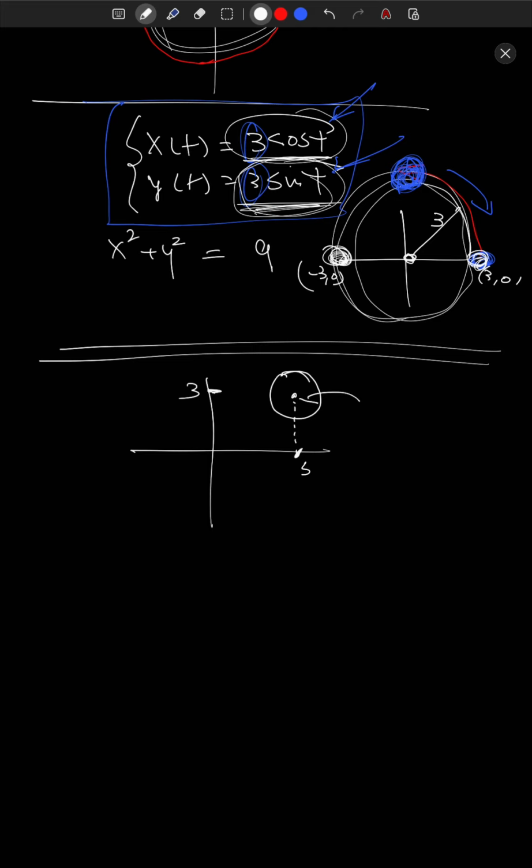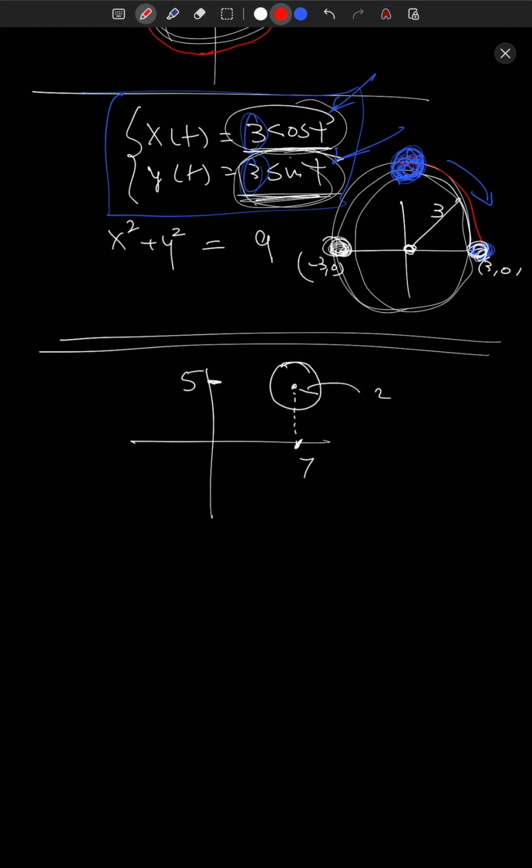Let me make this a 5 here, just so my picture is kind of consistent. So 7 here, 5 here, and radius 2. Otherwise, it would touch the x-axis, but the picture I drew wasn't. So here's a question: how would I describe a motion moving counterclockwise around this circle with center 7 comma 5 with radius 2?